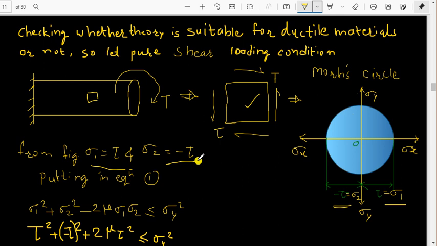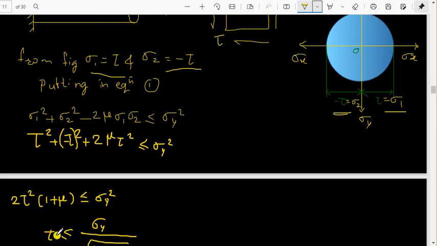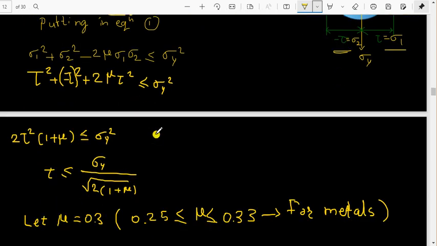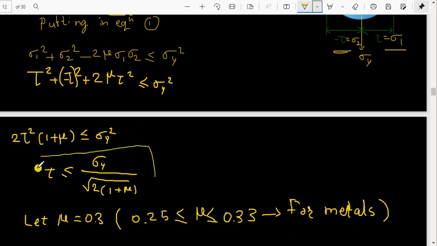Now we will put these values in equation 1. What we are getting: tau square plus tau square plus 2 mu tau square is less than or equal to sigma y square. Finally we have got this value for tau.